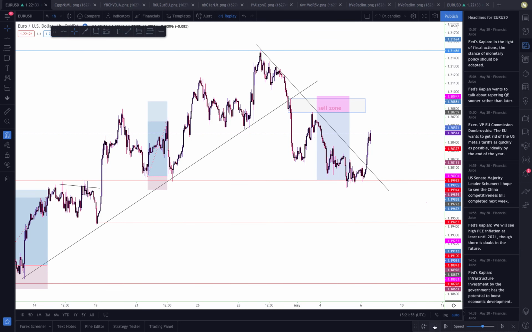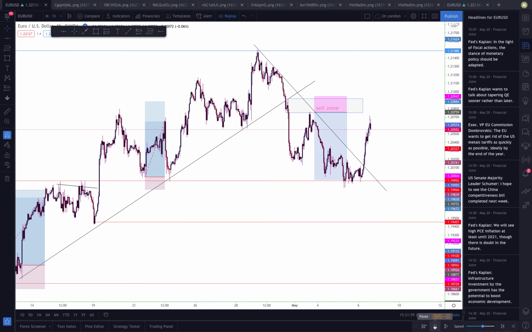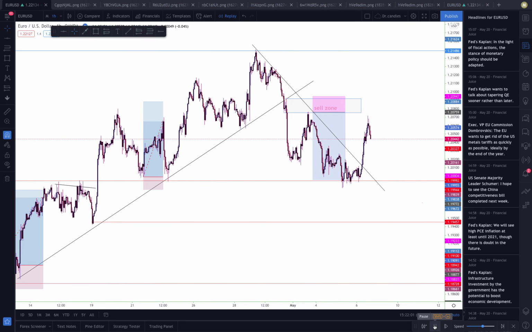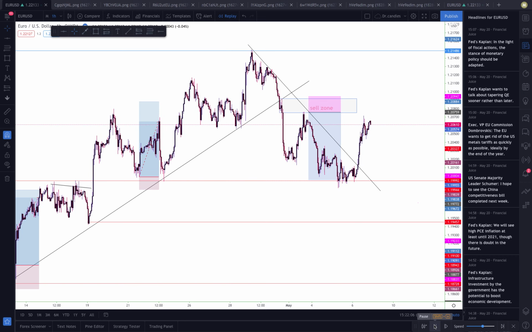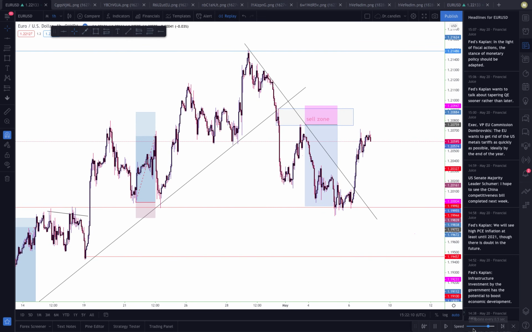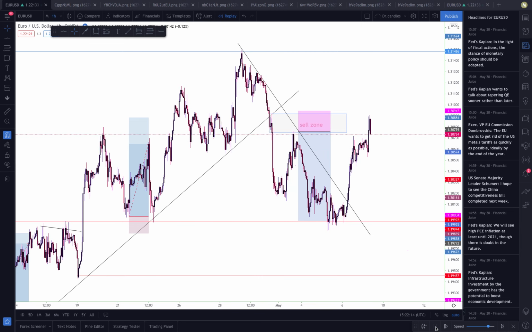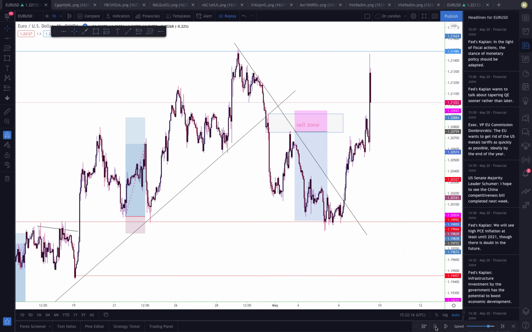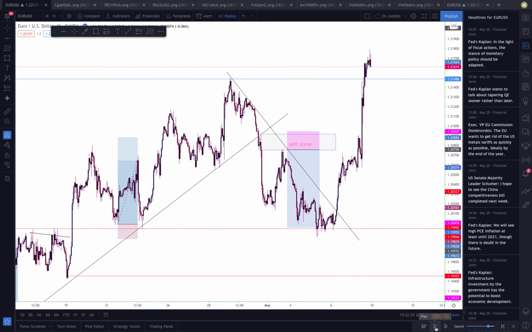So let's see. All you need is patience until there is a clear setup. You don't enter into the market. I hope you understand me. So this is so clear.